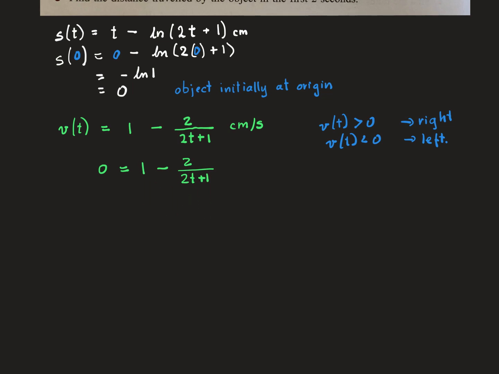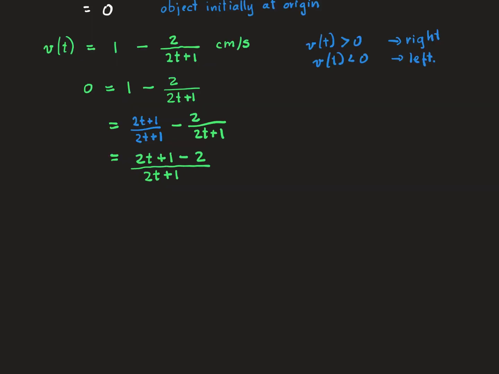So this means that I will have to multiply the 1 by 2t plus 1 over 2t plus 1, and then it's all under the same common denominator, so I can now say that it's 2 times 2t minus 1 over 2t plus 1.